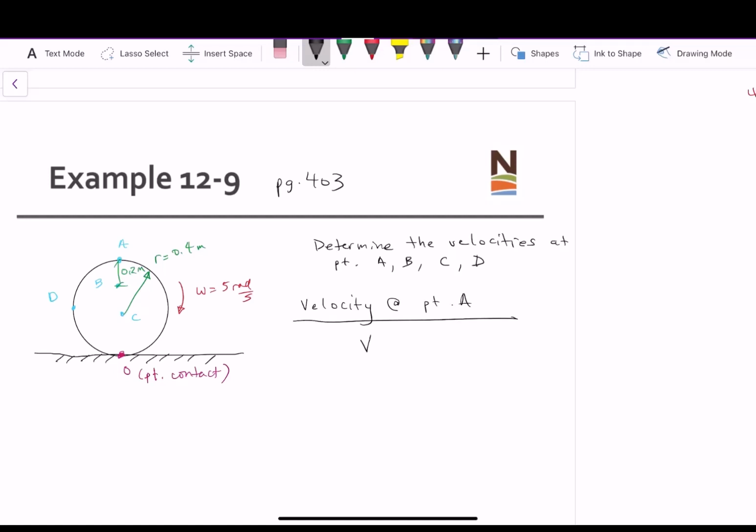So the velocity at A is equal to the radius arm from O to A. That's why you use the subscripts here, to make it very clear. We multiply that by the angular velocity of the wheel, which is 5 rad/s.